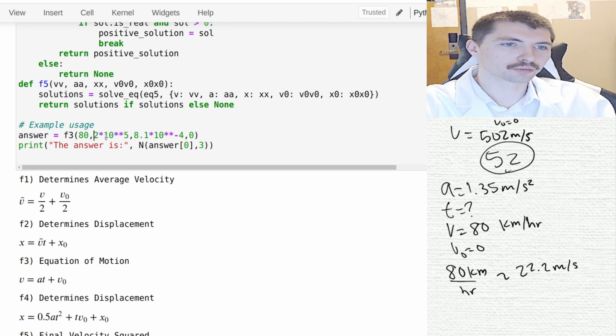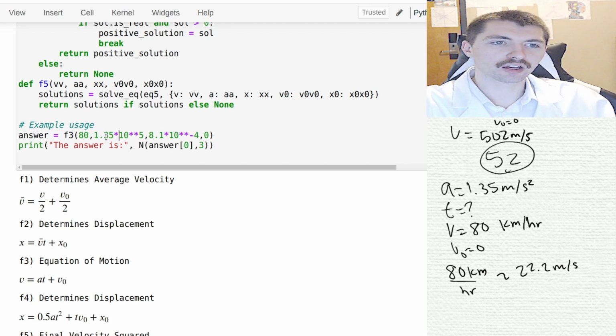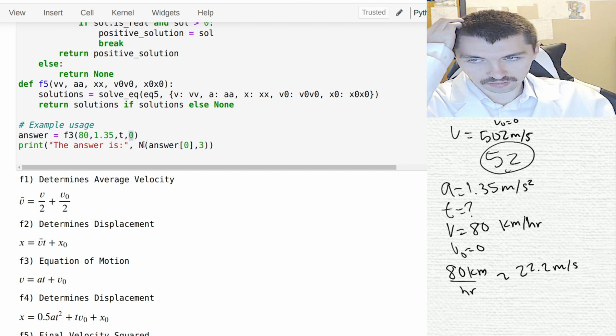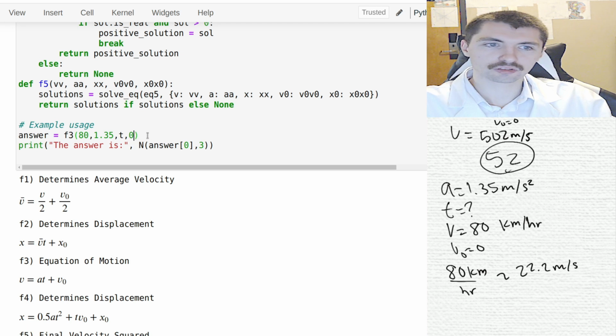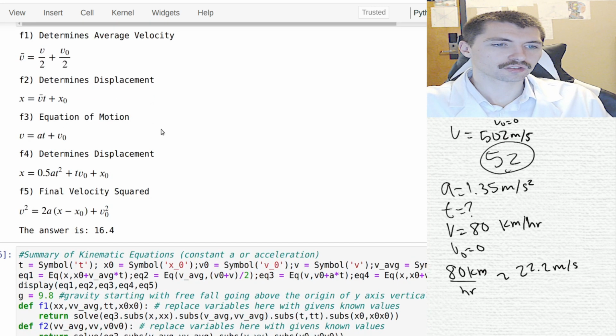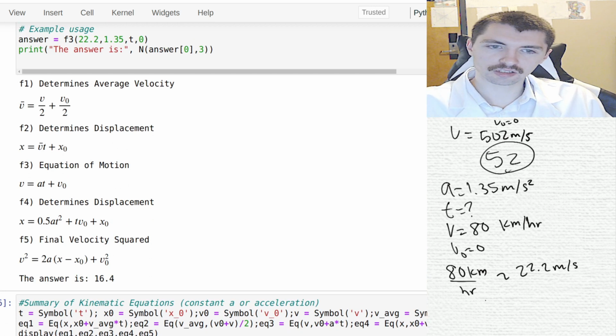We know it's 1.35, and this is t. Initial velocity is 0, 22.2. Okay, so 16 seconds.